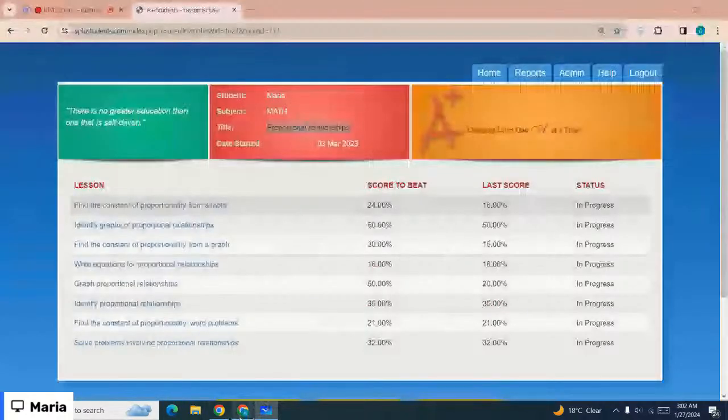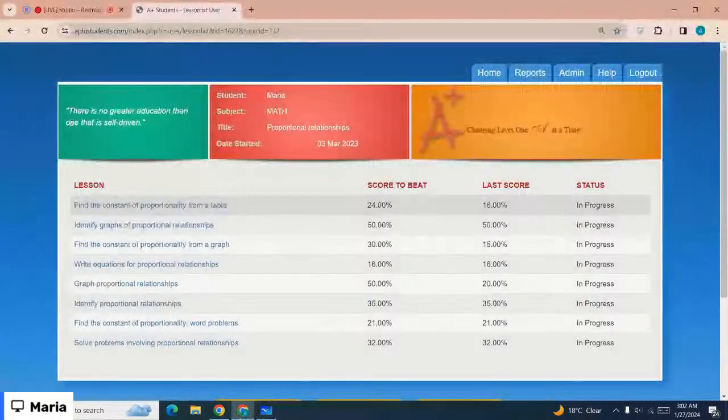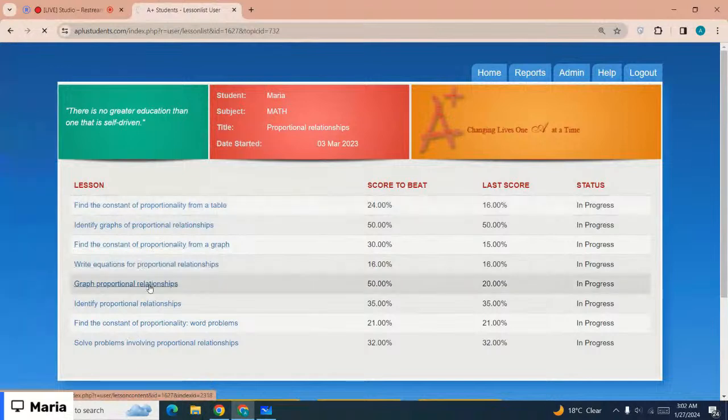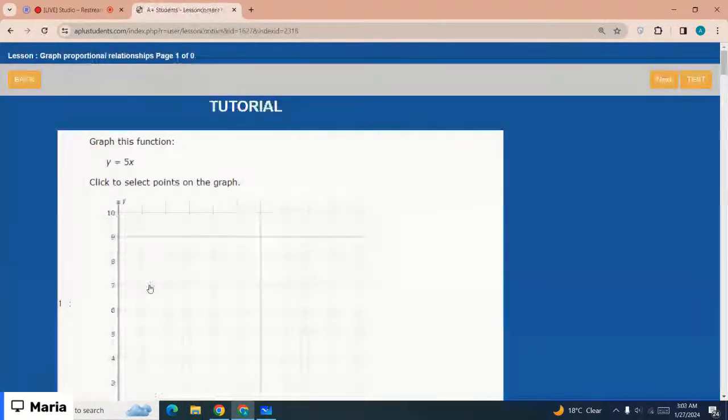So here I'm on grade 7 math. The chapter we're working on is proportional relationships, and the lesson we're going to start with is graph proportional relationships. Graph this function. You are given a function that is y equals 5x.